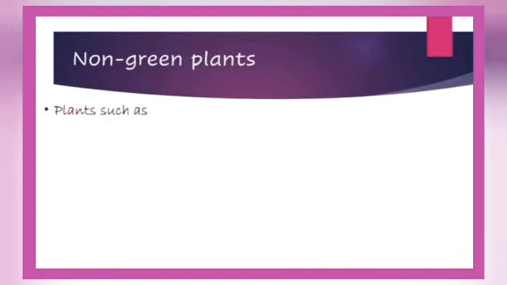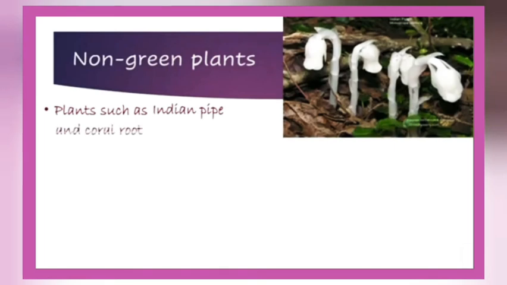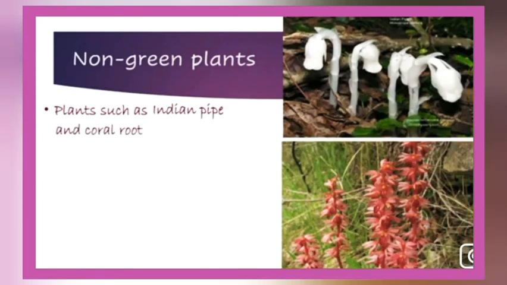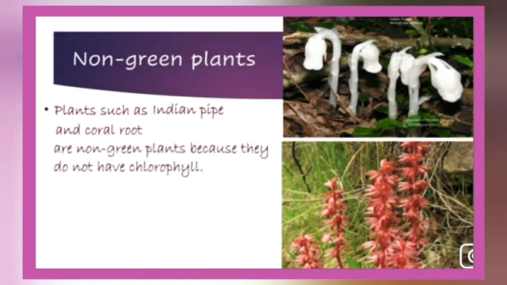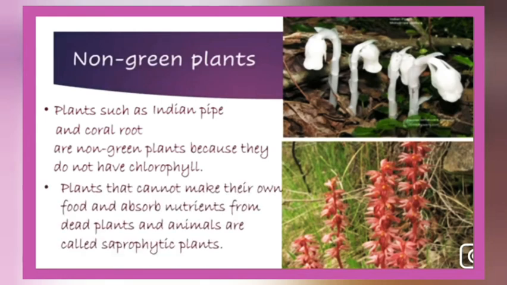Plants such as Indian pipe and coral root are non-green plants because they do not have chlorophyll. Plants that cannot make their own food and absorb nutrients from dead plants and animals are called saprophytic plants.